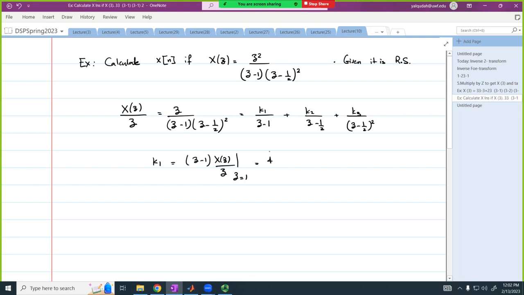Okay, which one of these is easy to find, K2 or K3? K3, because I can just multiply by (z minus 1/2) squared. So K3 is going to equal (z minus 1/2) squared multiplied by X of z divided by z, when z is equal to 1/2, and this is going to give me a negative 1.